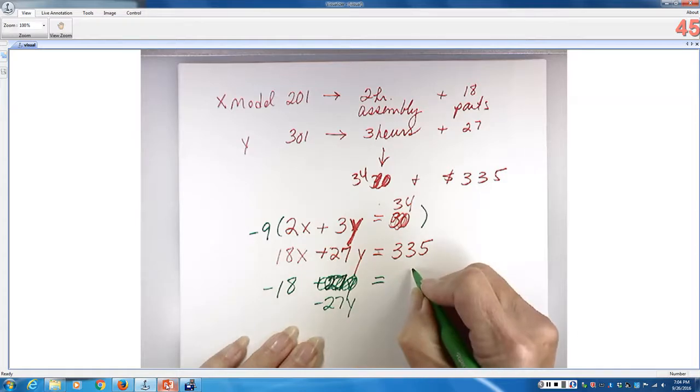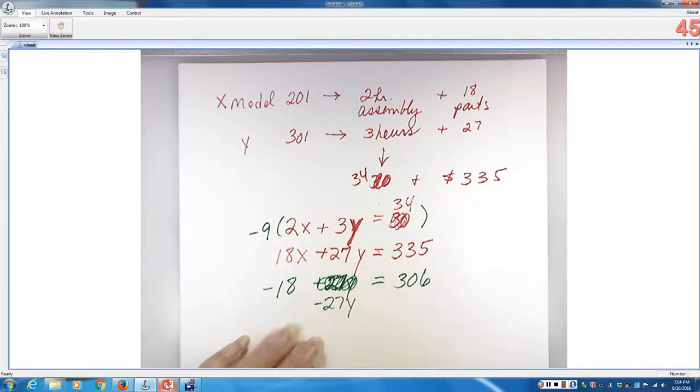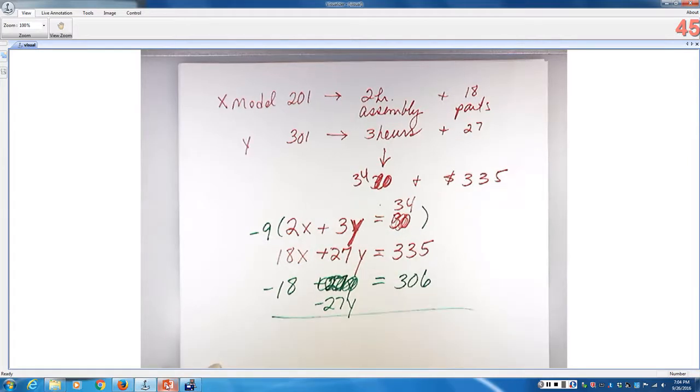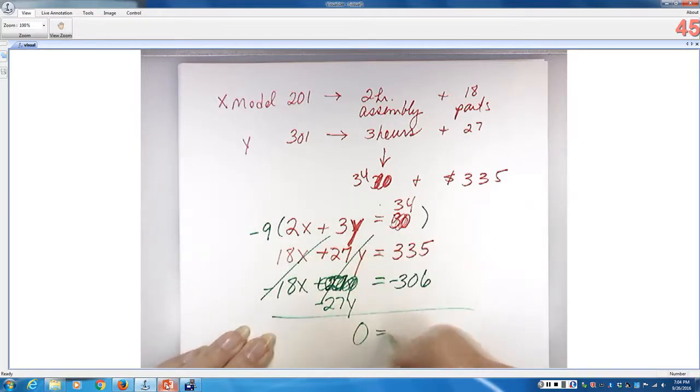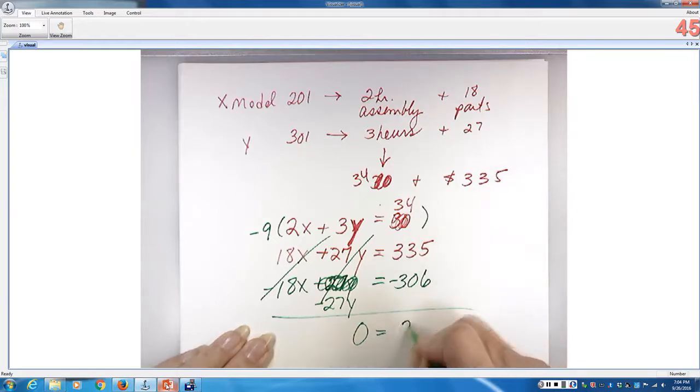And 9 times 34 is 306. So, yes, the X's are gone, and so are the Y's. So we have 0 equals 335 minus 306, which is 29.